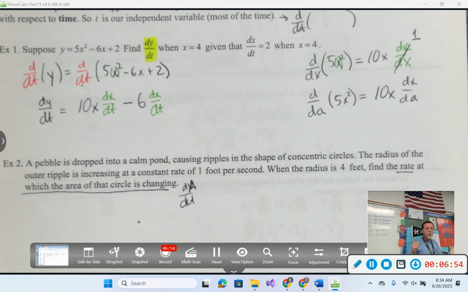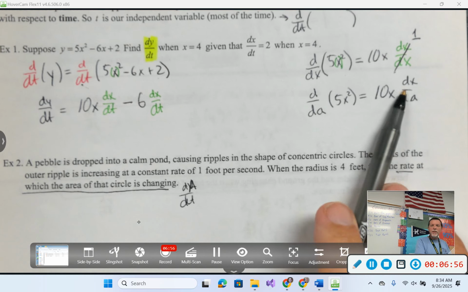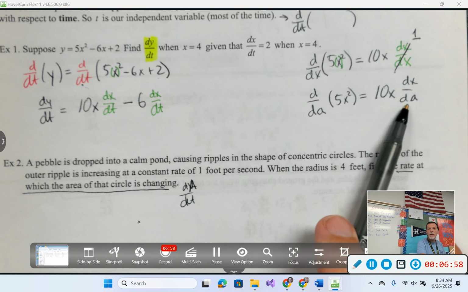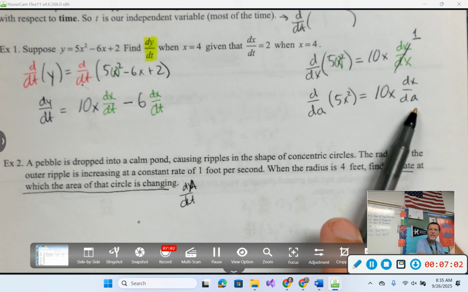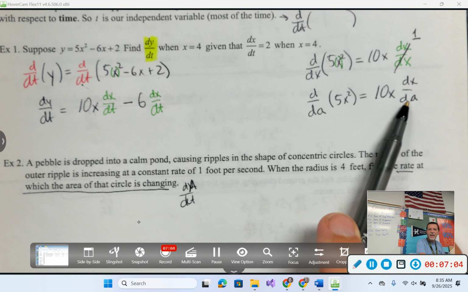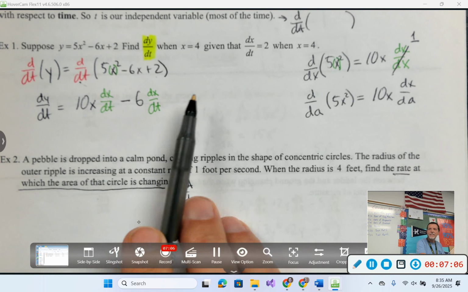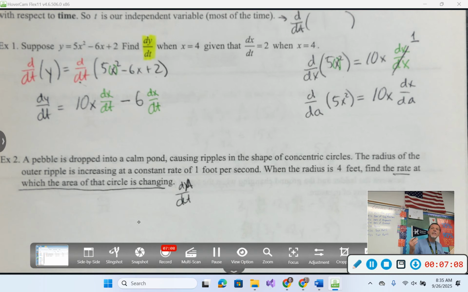Be careful with the primes. The prime means derivative, but if you use a prime, I don't know what your denominator is. Does that make sense? I don't know if that's dx dA or dx dt or dx d something else. So be careful with the primes because it's not clear what the denominator is.